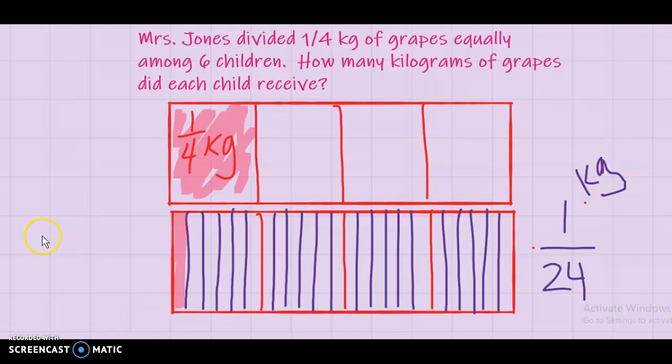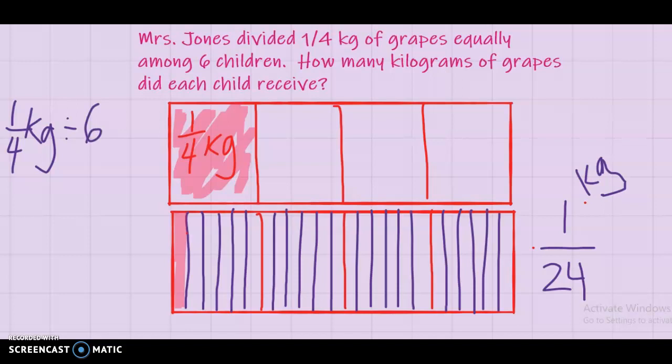Okay, so if we just look at the numbers now, let's go back and plug these numbers into an algorithm. So we had 1/4 kilogram, and we're dividing it by 6 children.